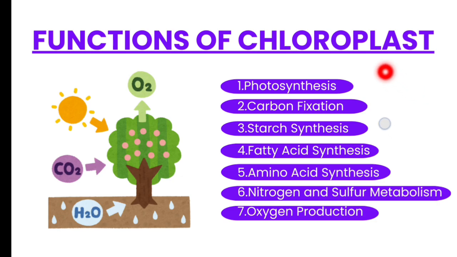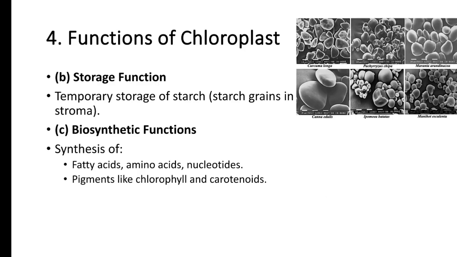Other functions of chloroplast are also listed here. The first, major one is photosynthesis and carbon fixation. In the plant system, carbon will be fixed by using chloroplast, and also starch synthesis, fatty acid synthesis, amino acid synthesis, nitrogen and sulfur metabolism, and oxygen production are also contributed by the plant system because of the presence of chloroplast in its structure.